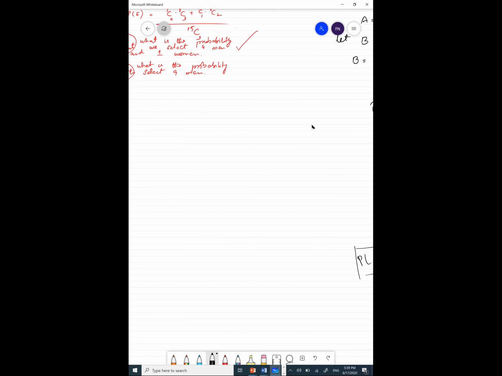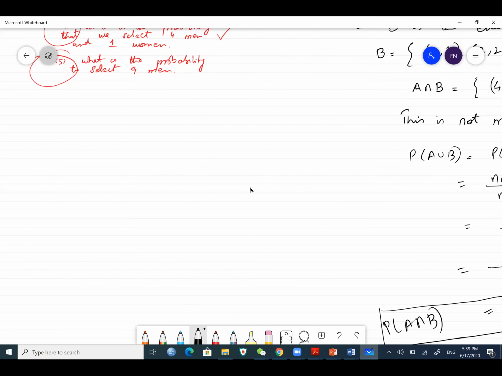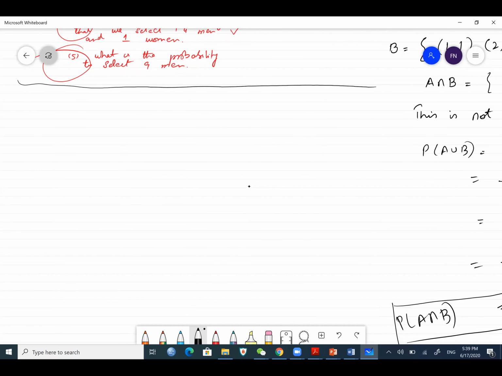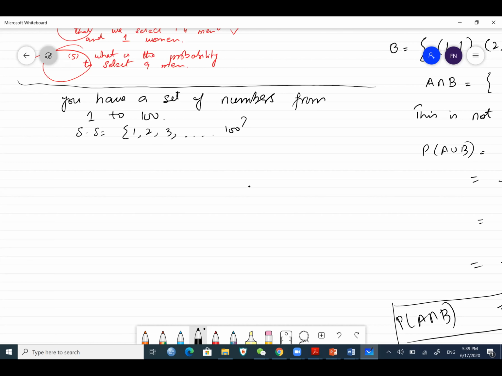Let's say you have a set of numbers from 1 to 100. Your sample space is, total numbers are 1, 2, 3 up till 100.